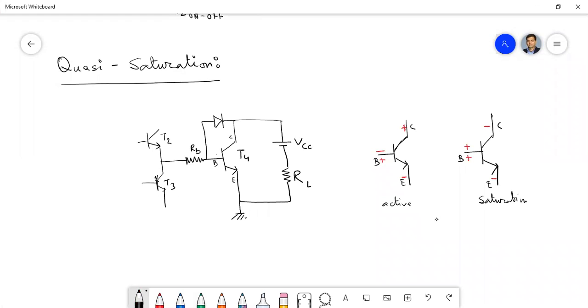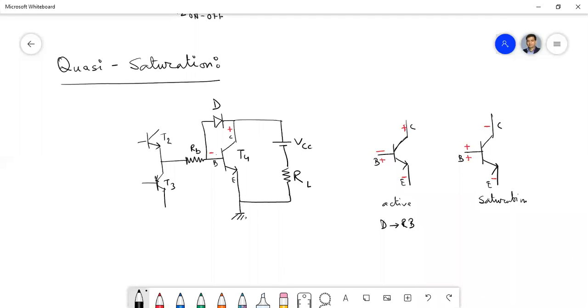Now, when we are in the active region, what about the state of this diode? Because you see, here we have negative, here we have positive. So in the active region, the diode will be reverse biased.